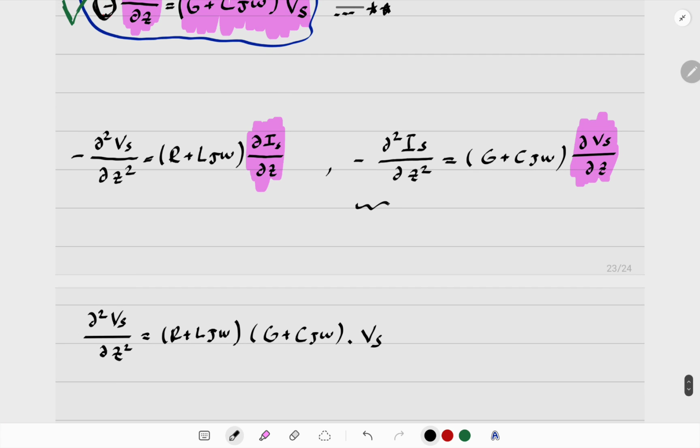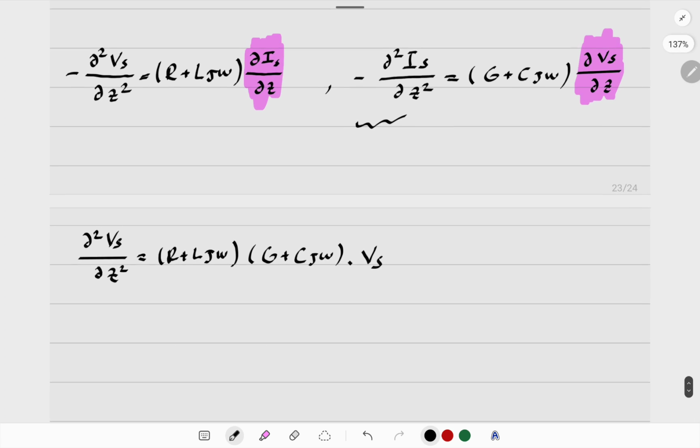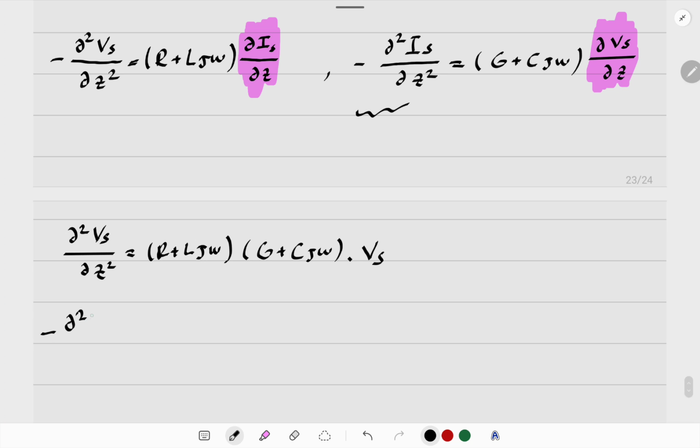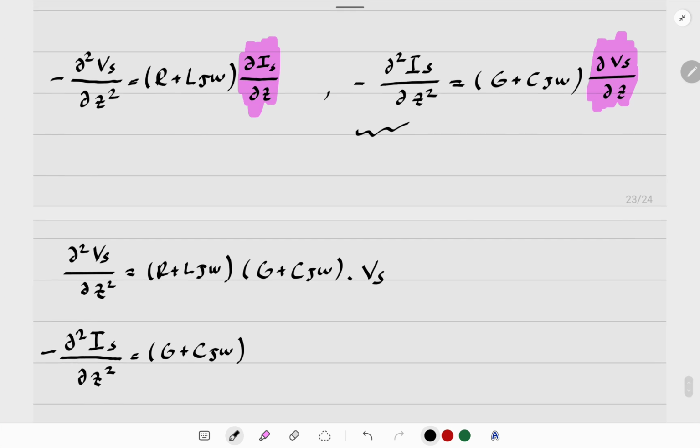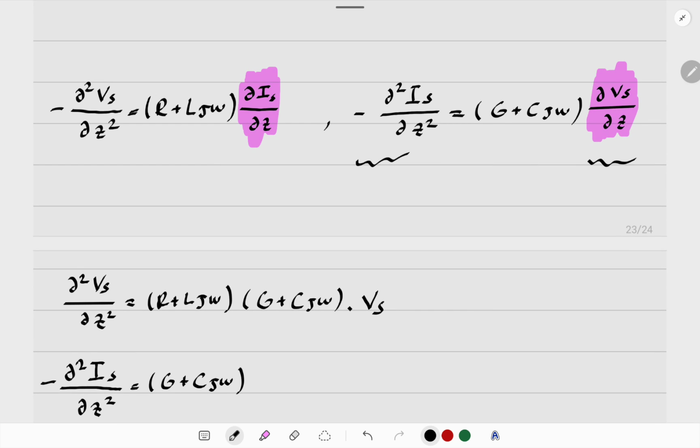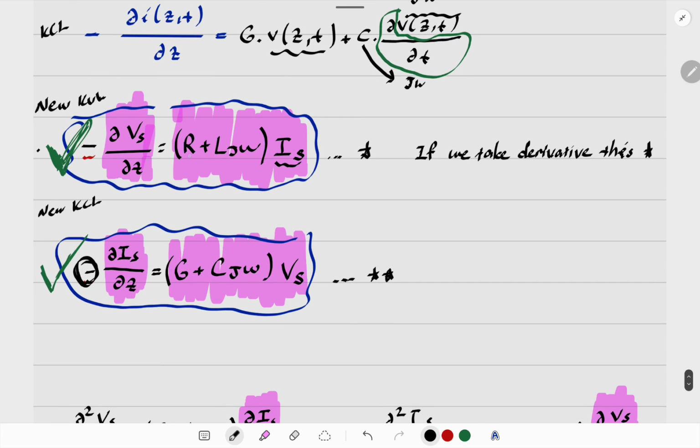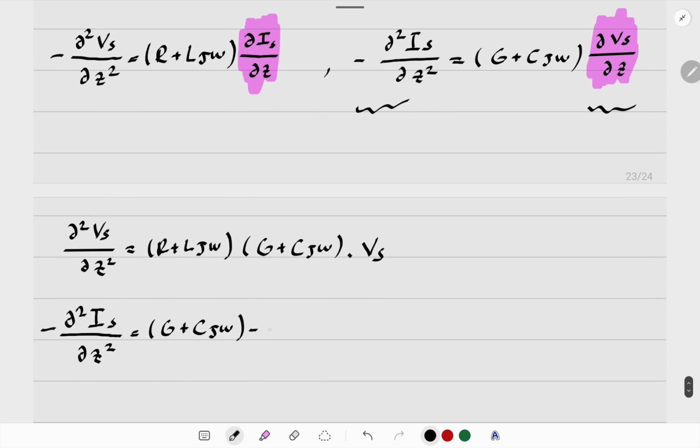So let's go for the second one. Same approach, minus del square is divided by del z square equals to g plus cj omega. But what is the equivalent of del vs del z? Let's take a look at it. It is r plus l j omega is, yes, but we have also this minus here. Let's not forget it. Minus r plus l j omega.